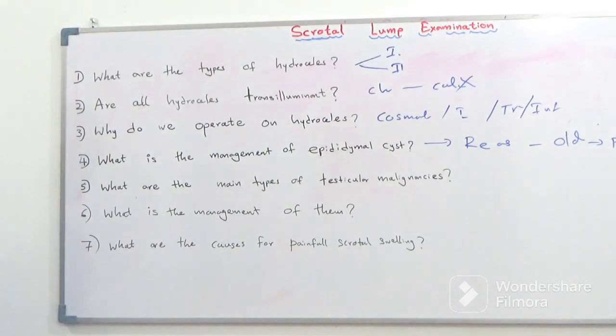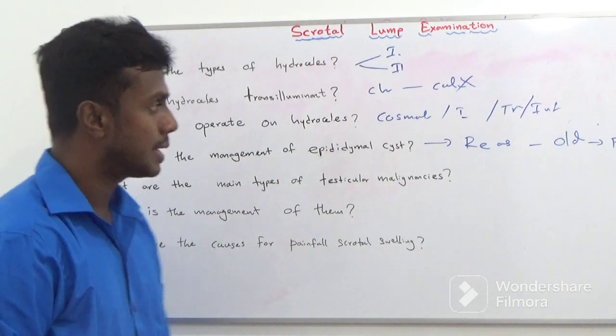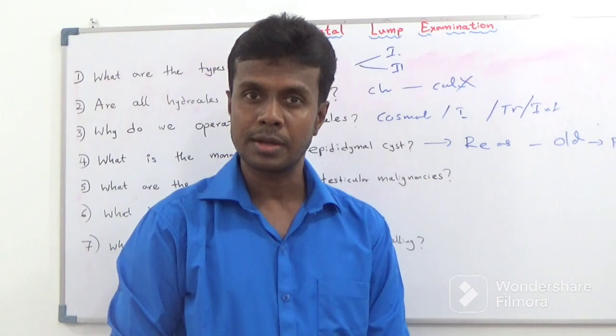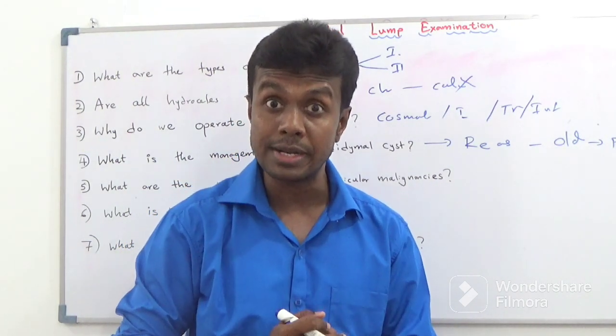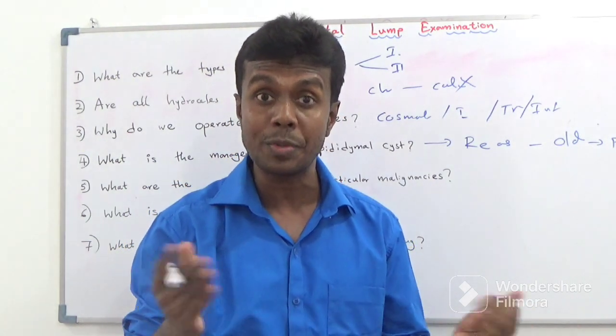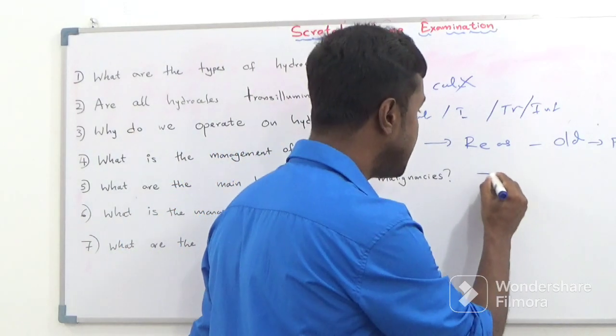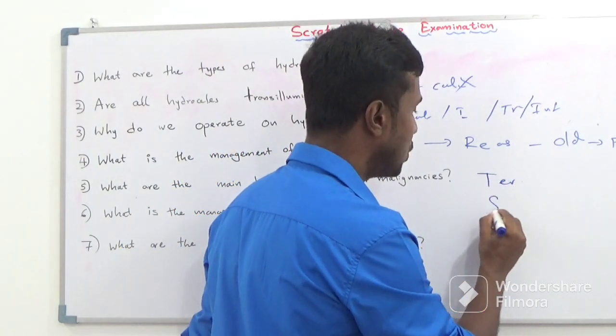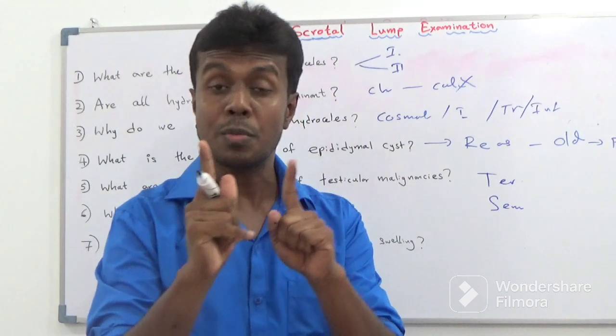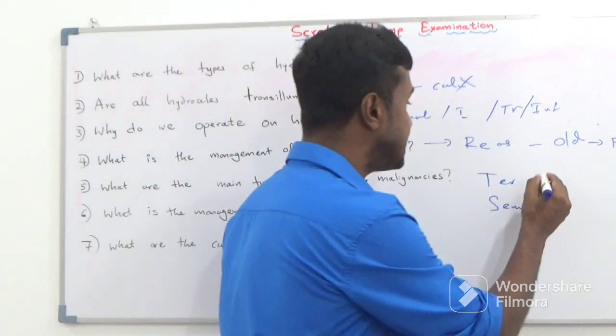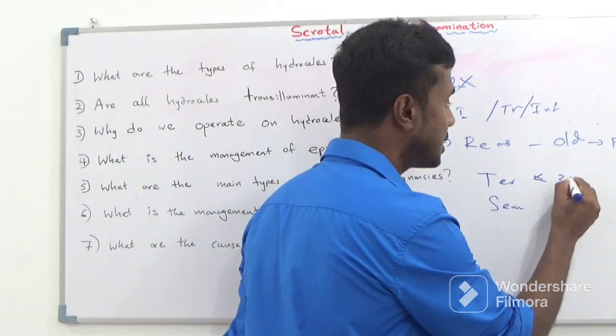Next one. What are the main types of testicular malignancies? Do you know there is such a thing as testicular malignancies as well? What are the two main types? Teratoma and seminoma. Teratoma is more common in those less than 30 years.